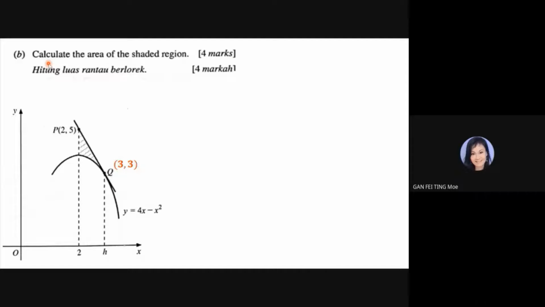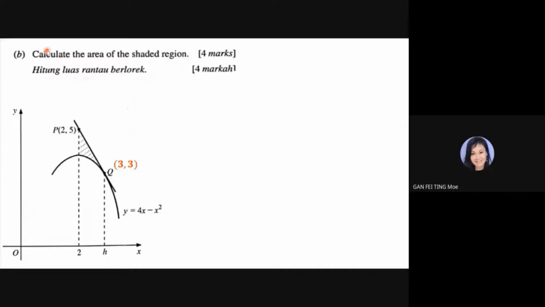Then what does this say? Again, this has something to do with the earlier circular measure question. In order to evaluate the area of the shaded region, what do you see? This is a trapezium, and I don't have a formula to evaluate this shaded region. So what am I going to do?